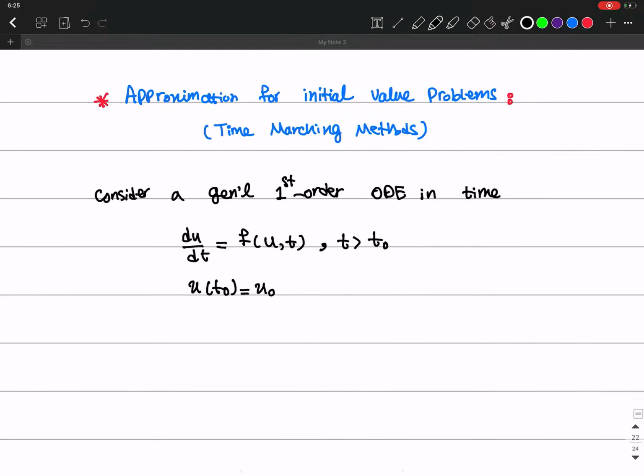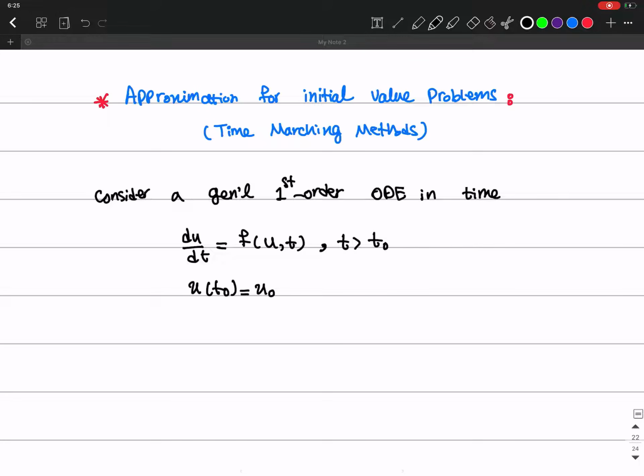Okay, it's given, and we want to solve this simple general first order ODE in time.